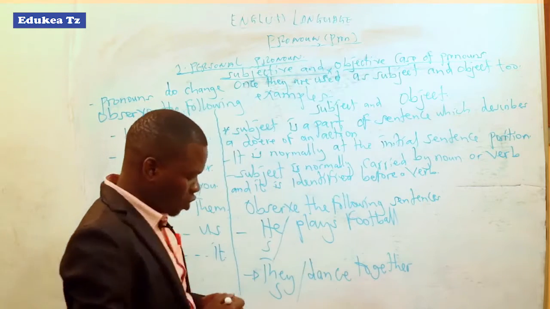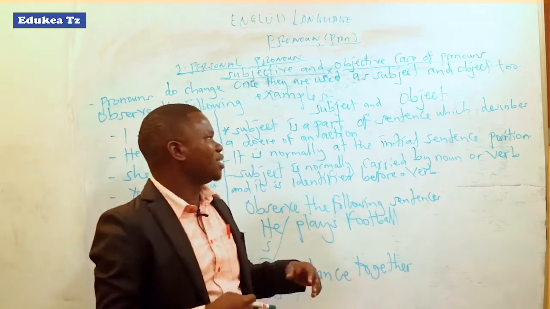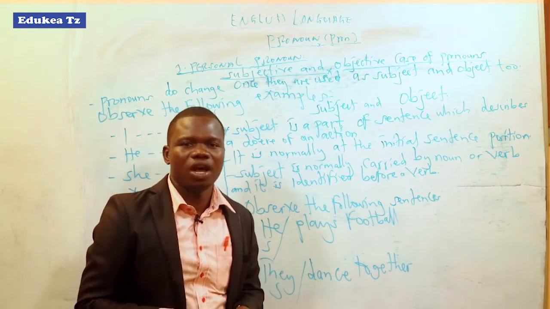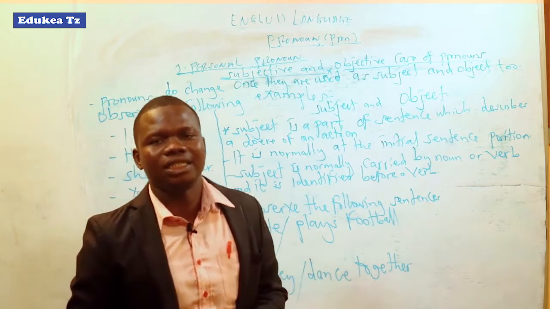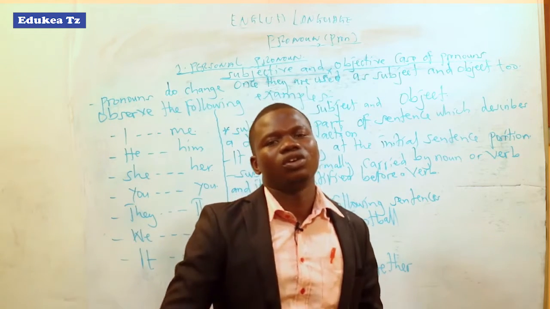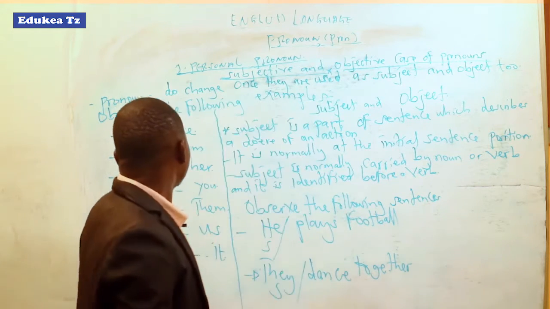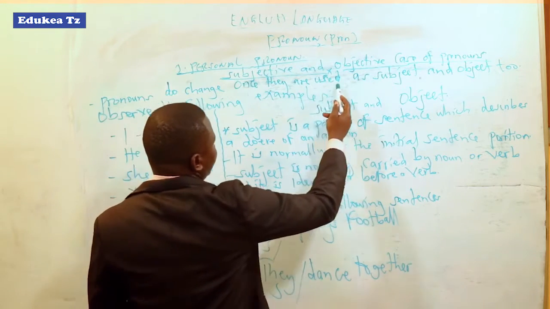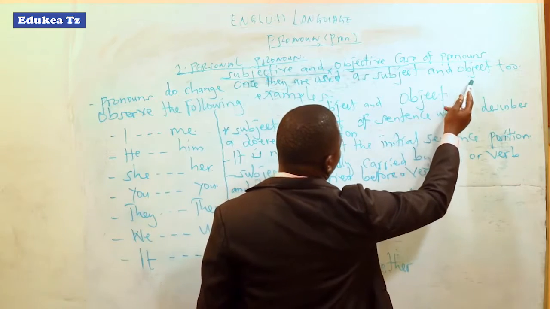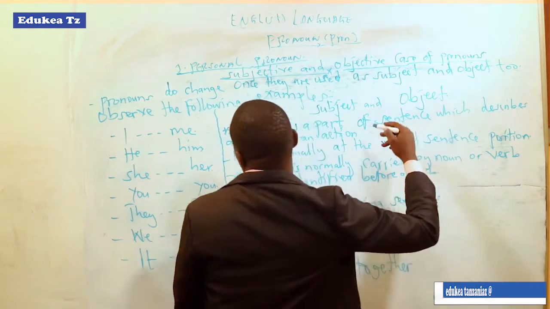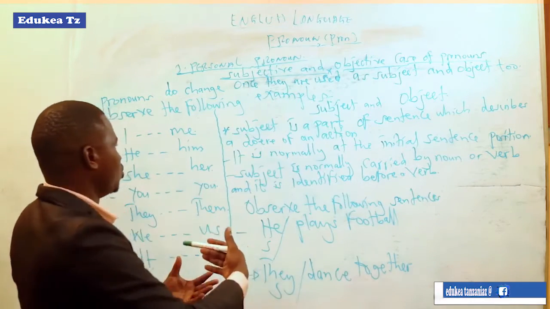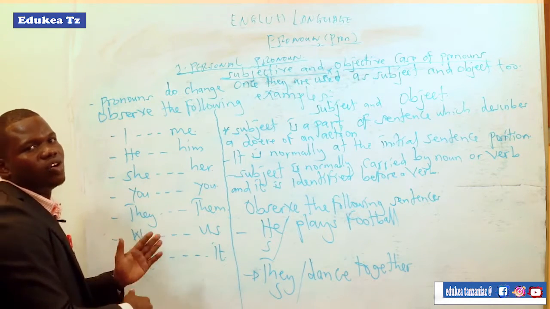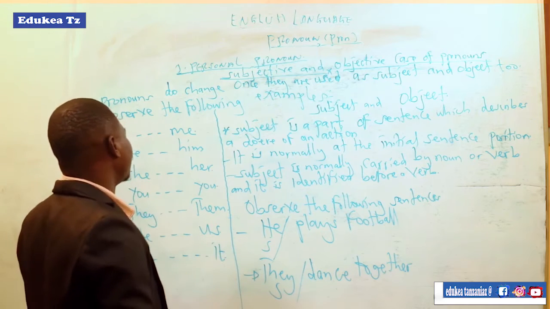pronouns. Unlike other words, these pronouns have a special case once they are used as subjects or objects. So pronouns do change once they are used as subject and object. That means they change whether they are used as the subject of a sentence or the object of the sentence.